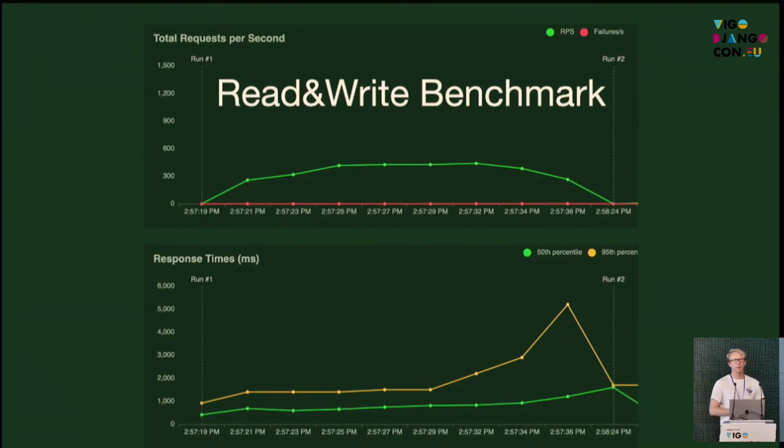And by default, if you don't adjust any of the settings, writes not only block other writes to the database, they also block your reads, which means that your throughput is essentially going to plummet if you just start writing to the database while you're reading from it.